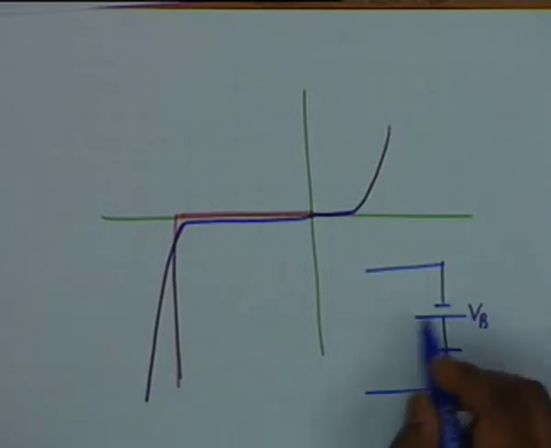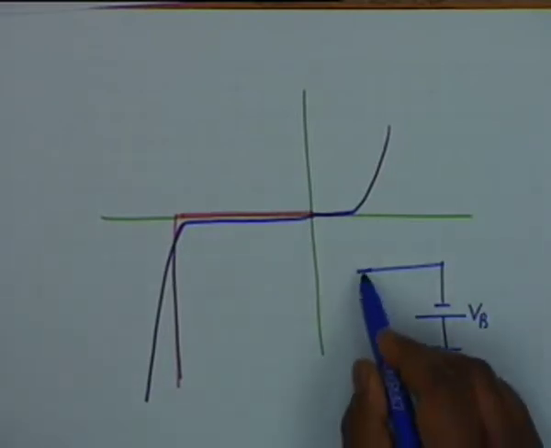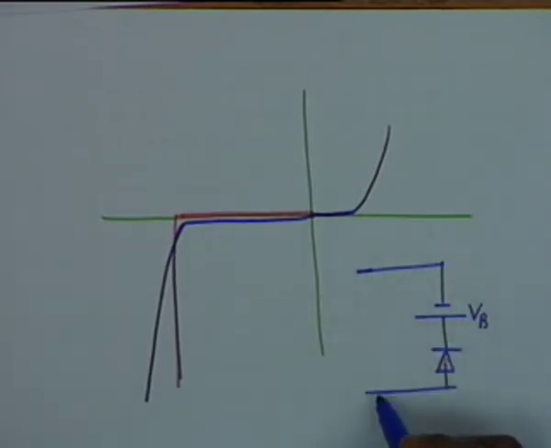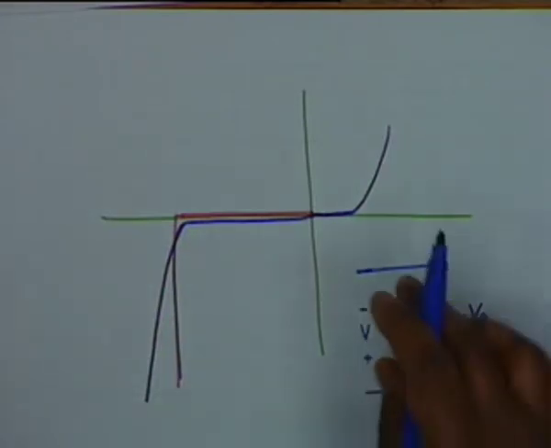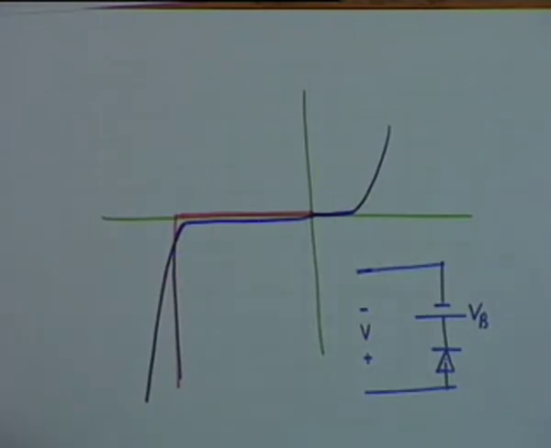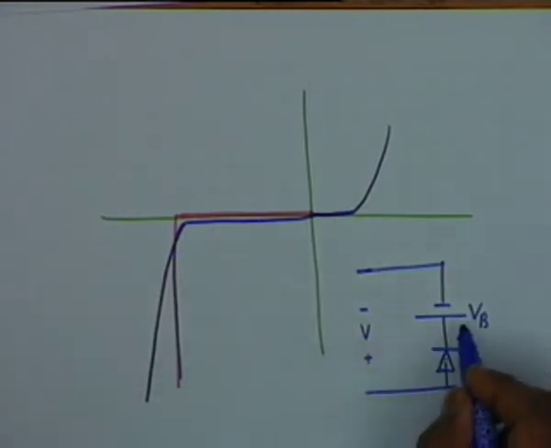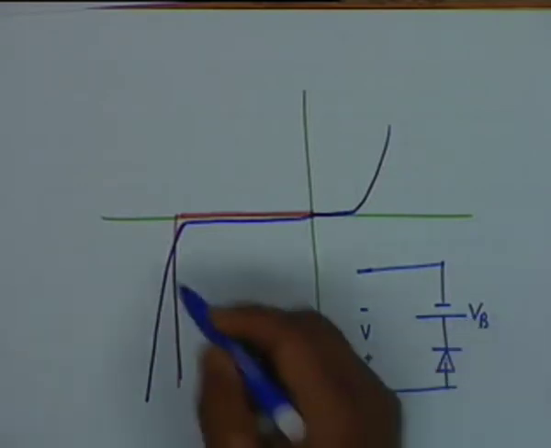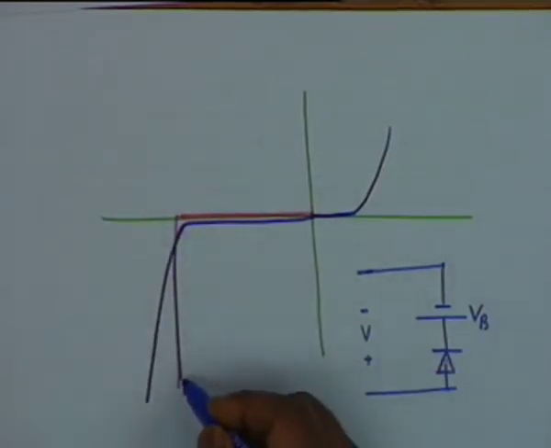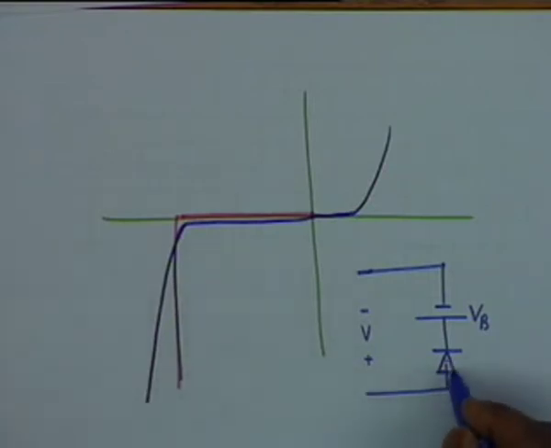If you apply a reverse bias here, then the diode conducts only when V exceeds VB.